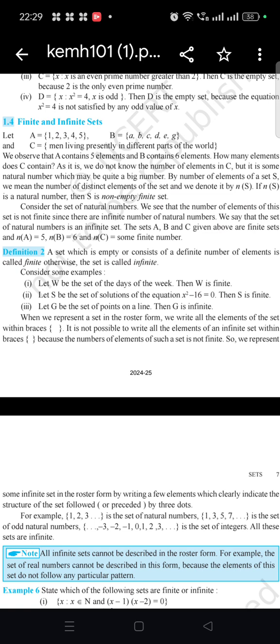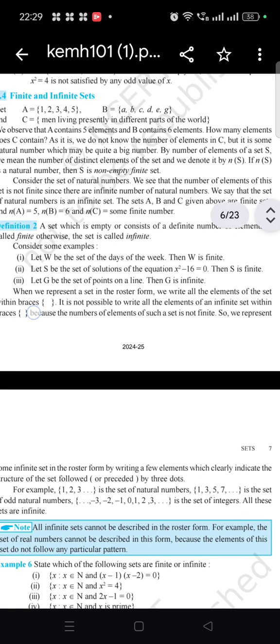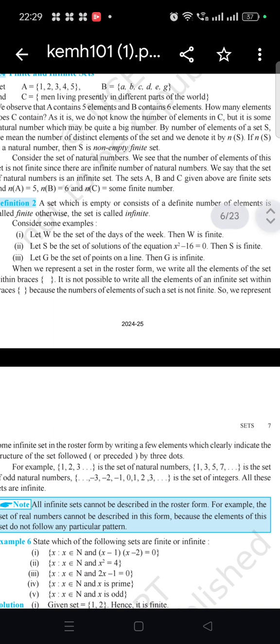But let A be the set of solutions of the equation x square minus 16 is equal to 0. So x square is equal to 16, x is equal to 4. A is finite. But G is the set of points of a line, and G is infinite.